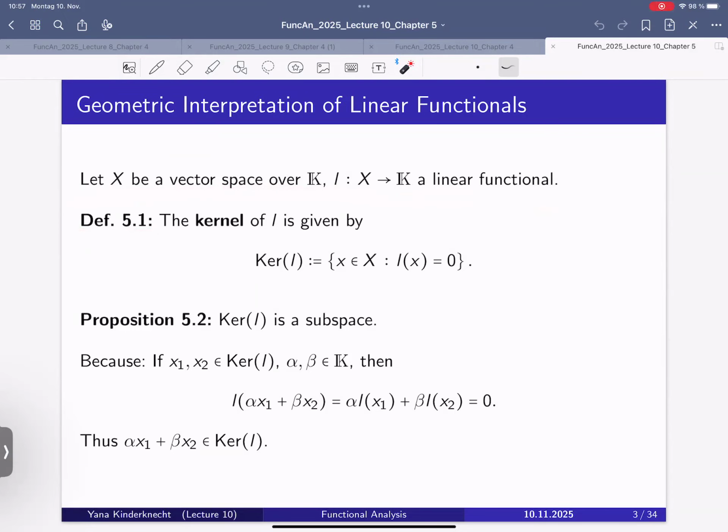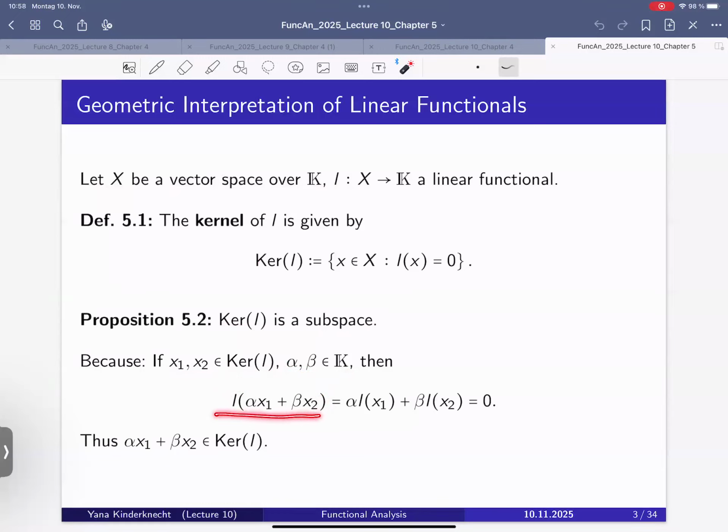Definition 1, the kernel of a linear functional is given by this formula. So it is the set of all elements of our vector space such that L evaluated at this point is equal to 0. Proposition: this set is actually a linear subspace of X. It is trivial because if we have two elements of this kernel of L and two scalars, then we consider L applied to a linear combination.